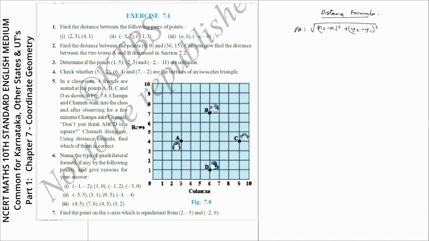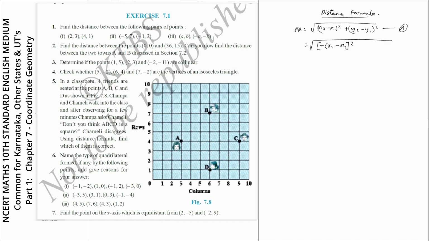So distance formula, we just now derived that it's equal to square root of x2 minus x1 the whole square plus y2 minus y1 the whole square. I'll mark this as A. Now I'll write the same equation a little differently. x2 minus x1 the whole square I can write as minus of x1 minus x2 the whole square. I have effectively made no change.